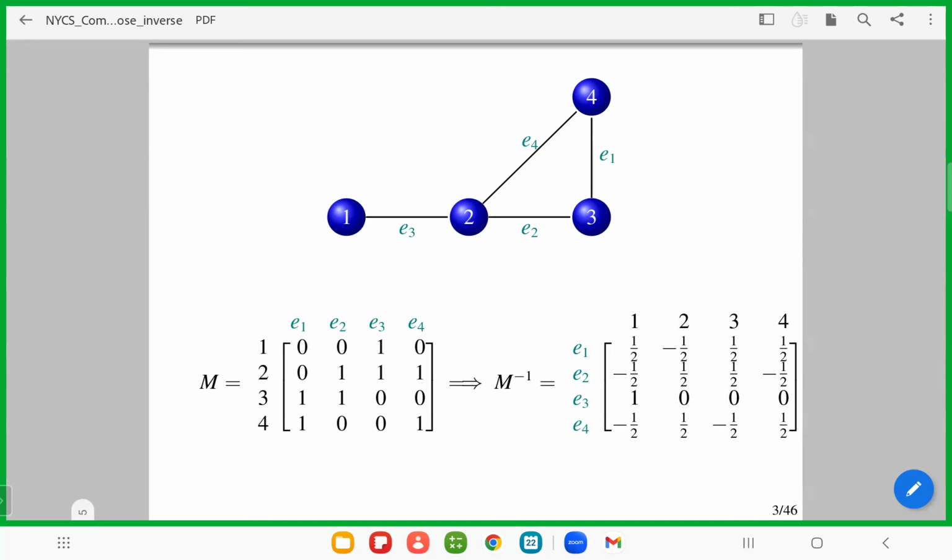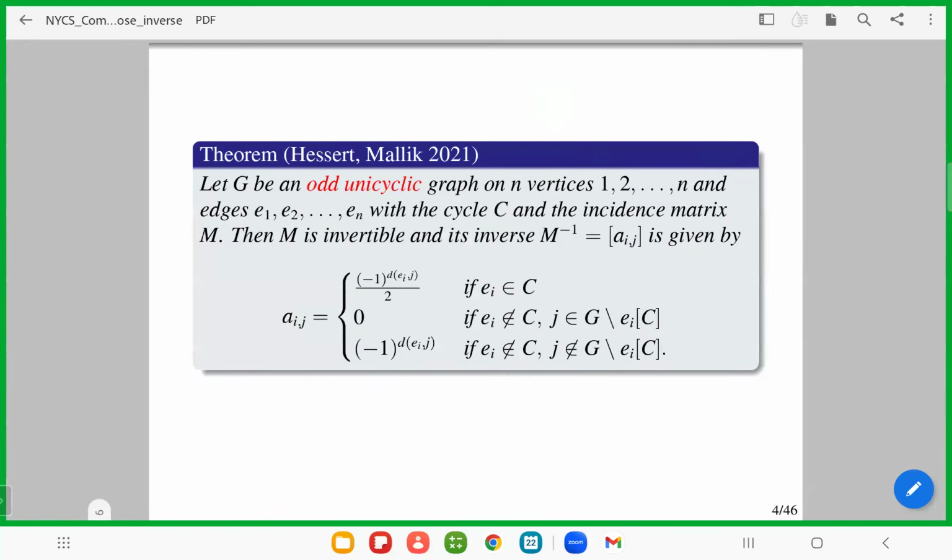So it's saying something. Now we have to come up with a combinatorial formula for the entries of M inverse. We have this formula, which we published in 2021 in Discrete Math. It is work with one of my undergraduates, who was then a graduate student, Ryan Hazard. So the result is this.